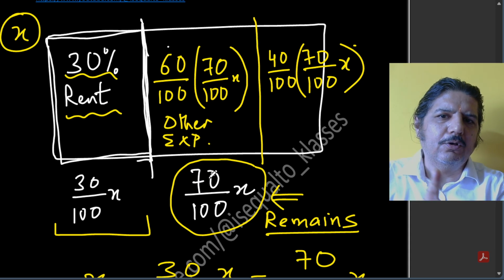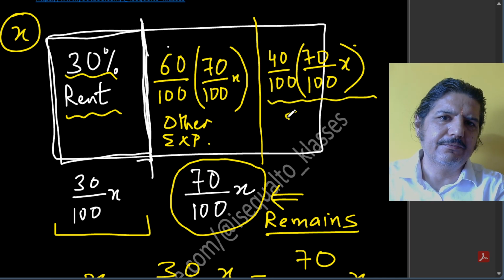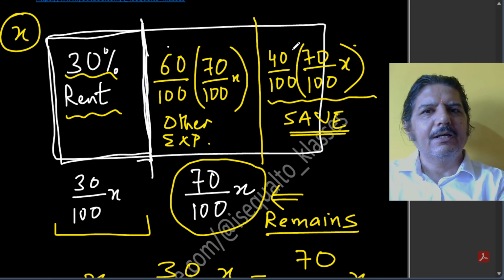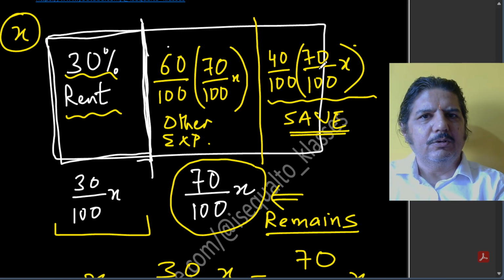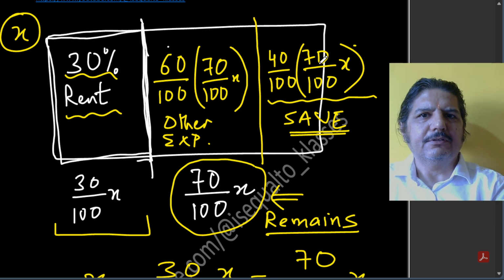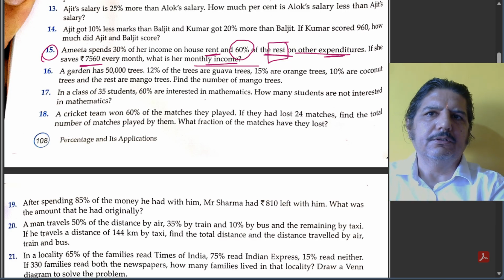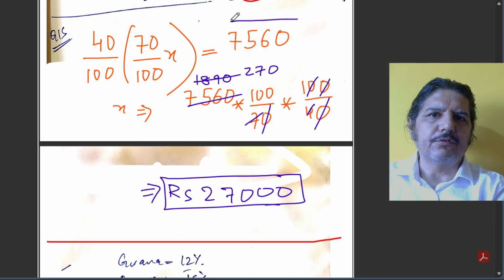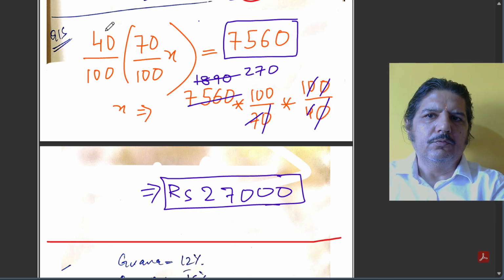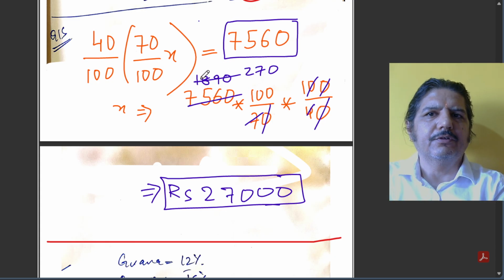And 40% of 70 upon 100 x, this is what she will save. And this 40% of 70 upon 100 x is the amount which is equal to 7560.